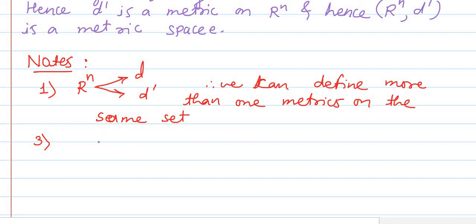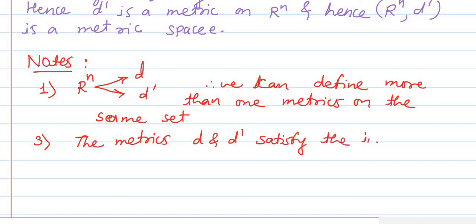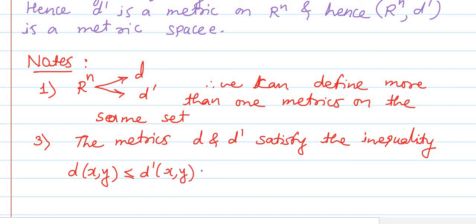The d and d dash metrics satisfy the inequality, and that inequality is d of x comma y is less than or equal to d dash of x comma y, and it is less than or equal to under root of n into d of x comma y. So this is the inequality which is satisfied by metrics d and d dash.